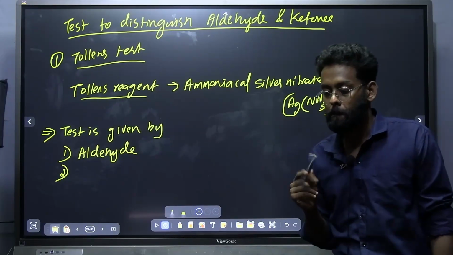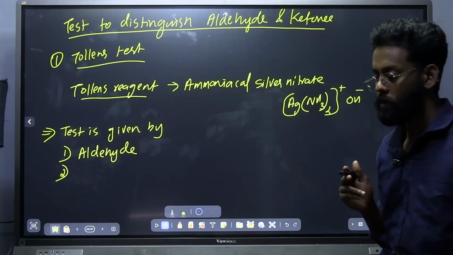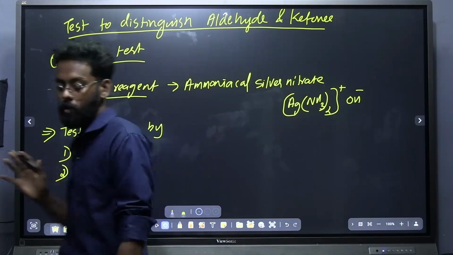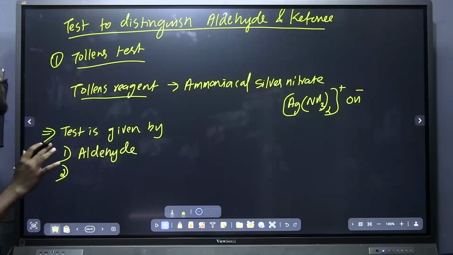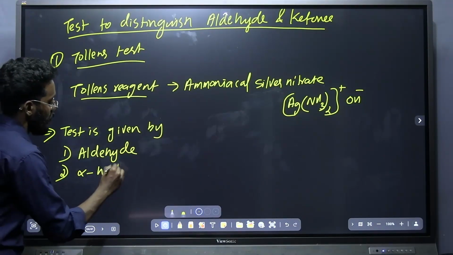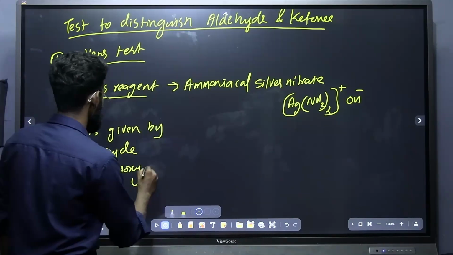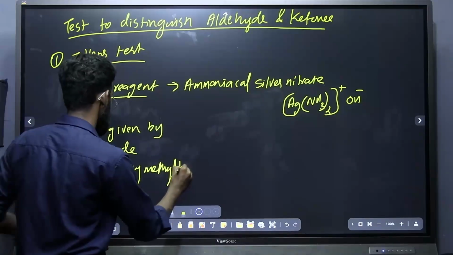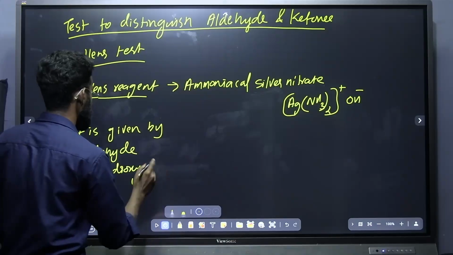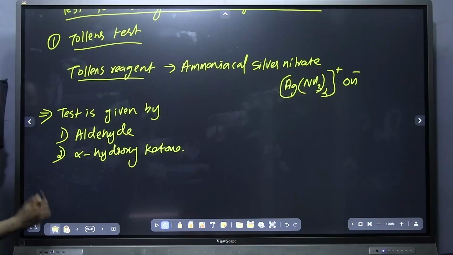Students, tell me, any ketone? Normally ketone won't give a reaction to the Tollens reagent, but alpha hydroxy ketone will give the Tollens test.